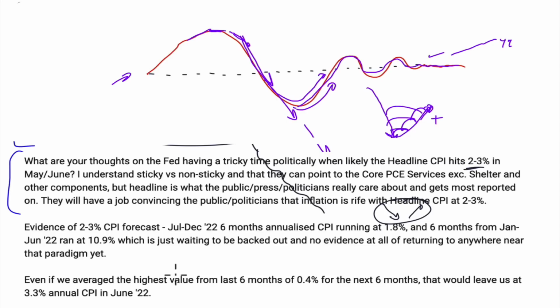Let's see, even if we average the highest values, no matter how you slice it, you're including this effect on one side of the inflation. This is coming. So it would not be surprising to see an increase in goods inflation in the coming months, only because all the prices that could have been cut have been cut, right?